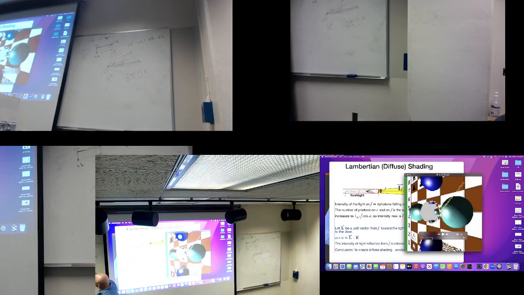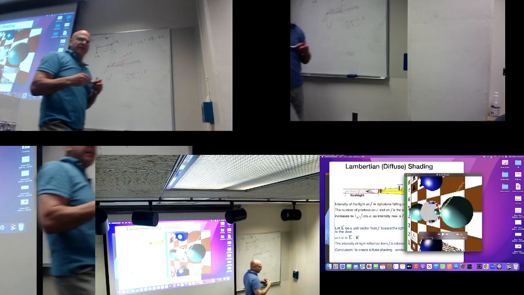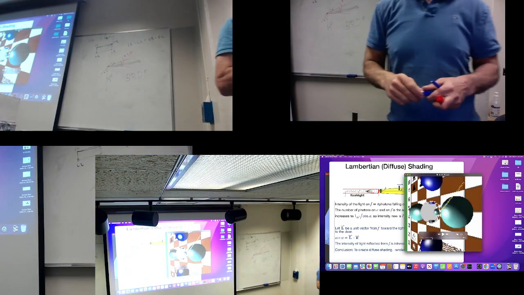That would mean that for this direction of the light, this point Q will be completely dark, because the cosine is 90, and in this direction, where the normal points directly into the light, it will have the maximum illumination.